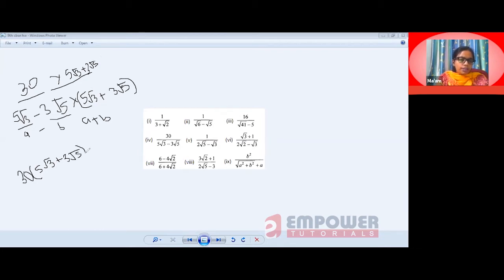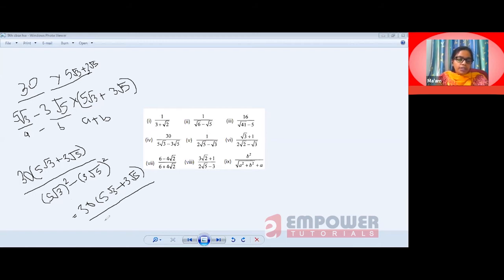And in the denominator I will get 5 root 3 square minus 3 root 5 square, right? So this will be equal to 30, I will keep it as it is, okay? 5 root 3 plus 3 root 5. And in the denominator I will get 25 3s, that will be 75, and 9 5s, that will be 45, right?